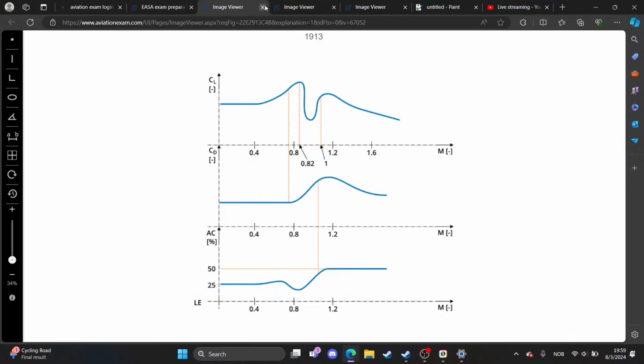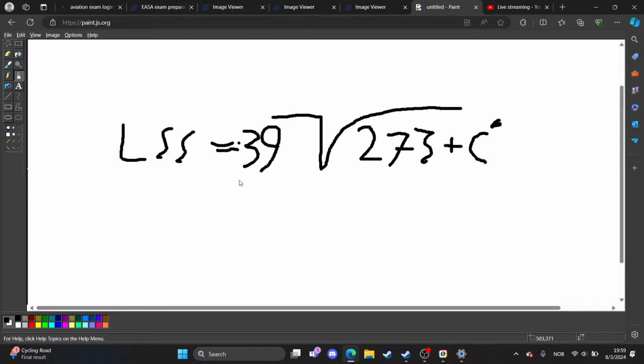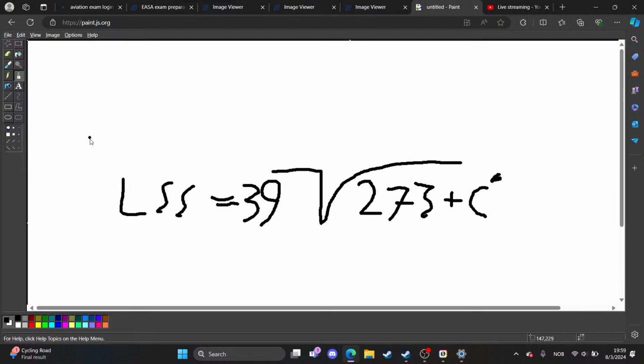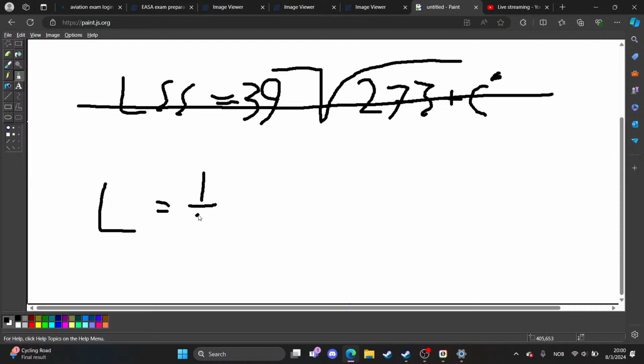Ooh, okay, now I need to draw. Okay, we don't need this. So lift equals half of density times velocity squared times coefficient of lift times surface area.